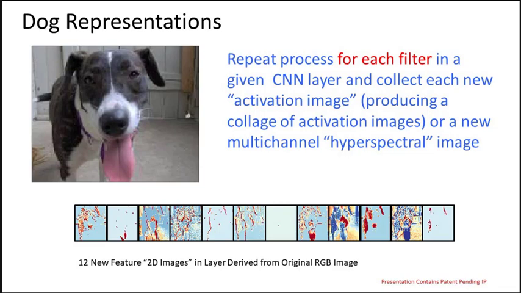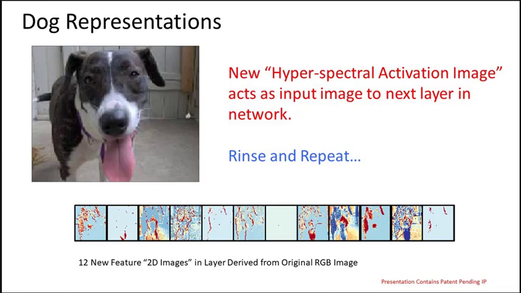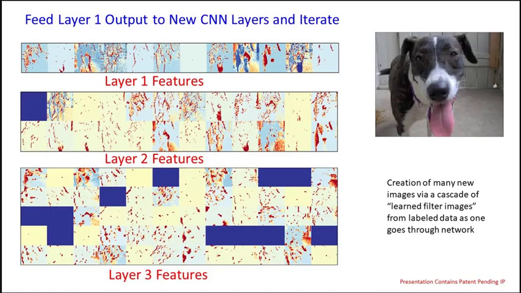So what you're really doing is you're taking an RGB image and you're transforming it to a higher dimensional image. These still have some dog-like features. You can kind of see that the human can make out somewhat what some of these objects are. But you're increasing the number of channels and you're doing this kind of in a feed-forward fashion. So you've taken one image that has 3 channels and now you have 12 channels. So that's the way I like to describe this technology.